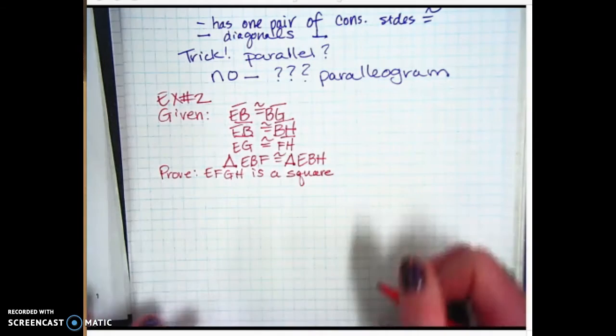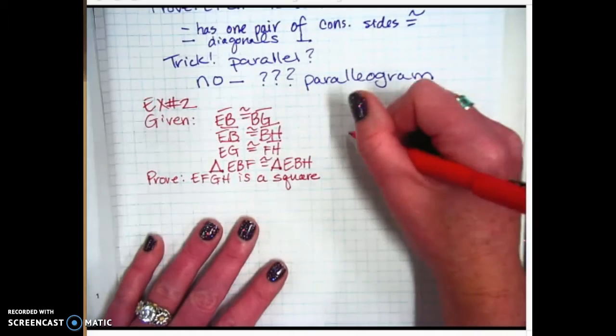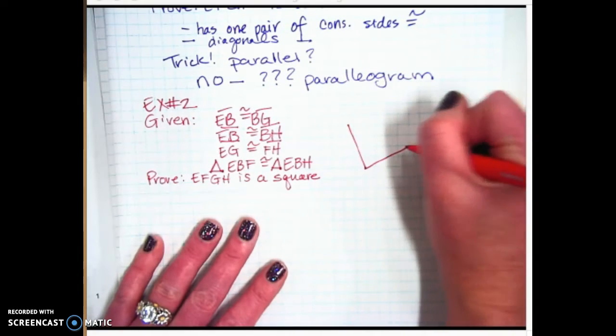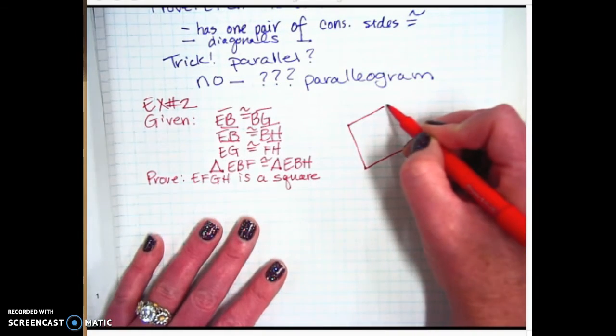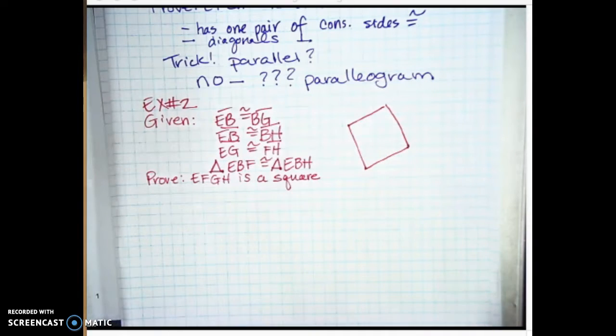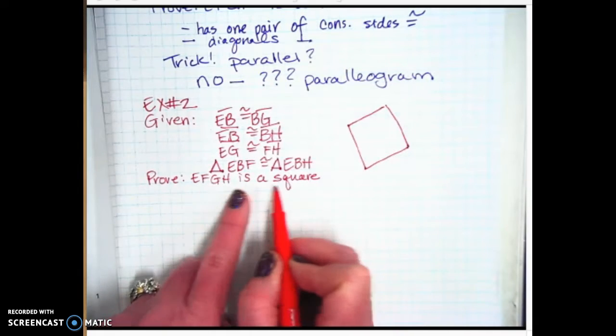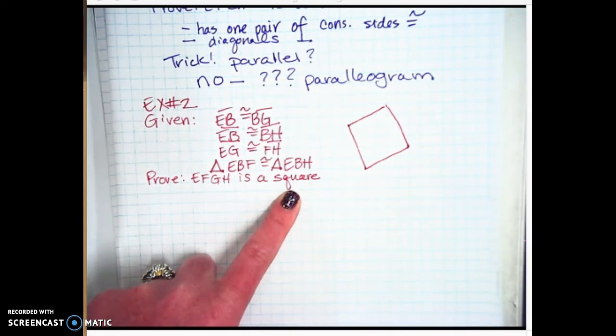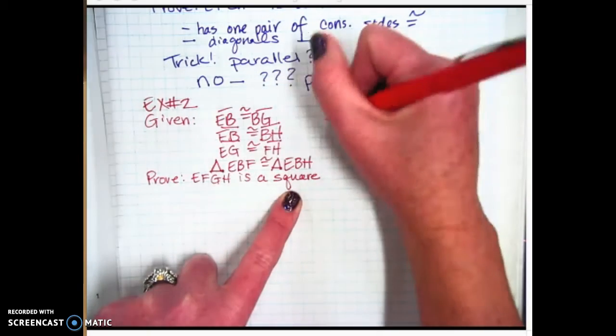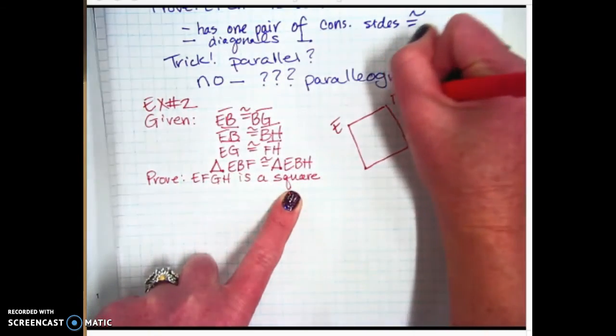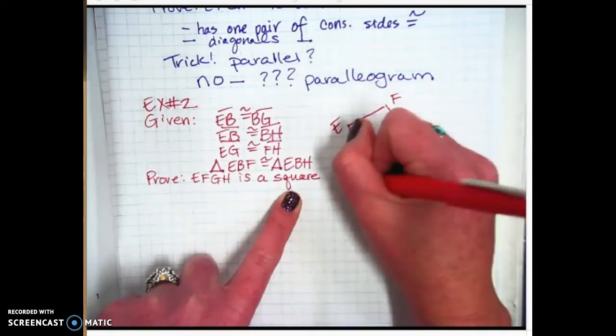All right, so let's draw EFGH. And I'm going to draw something that sort of looks like a square, but you could really just draw any kind of parallelogram. But because they want us to prove that it's a square, might as well draw a square and see if it works out for us. So EFGH.